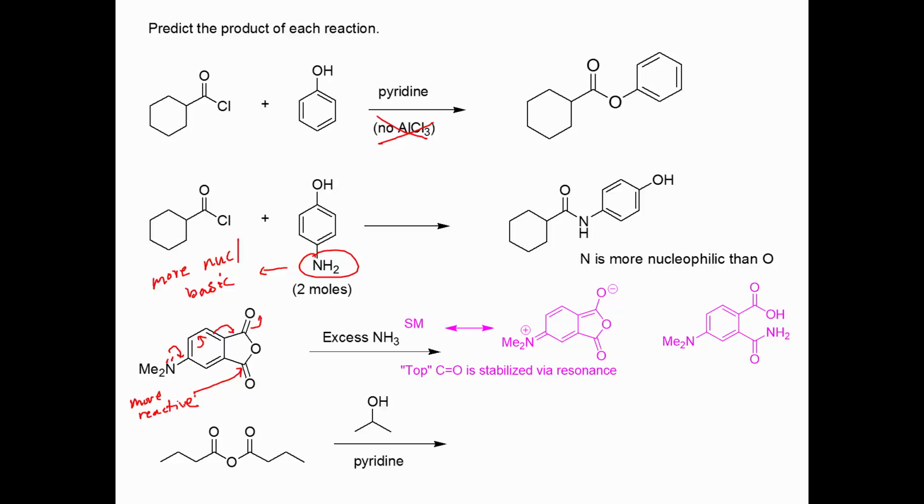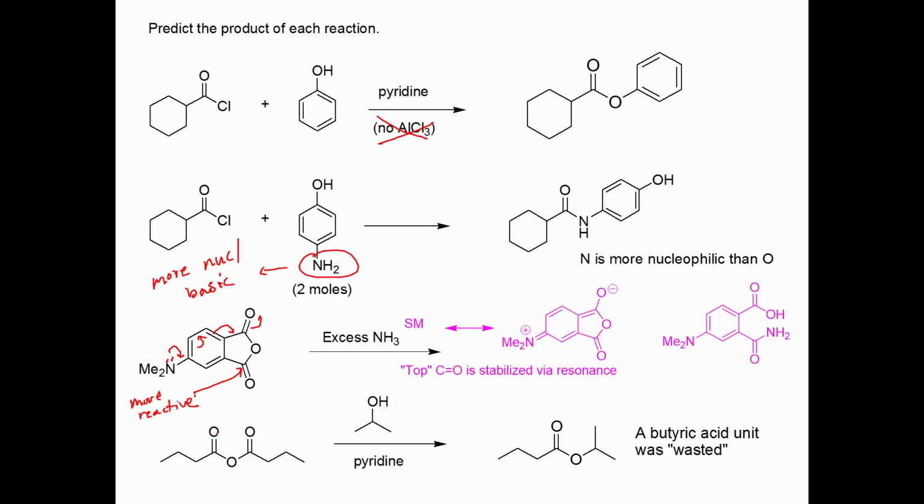Okay? And in the last one, we're taking, I guess, butyric anhydride and pyridine with an alcohol. And we're just going to make the ester. And remember that we basically wasted one butyric acid unit when we did this process, but this should be our product.